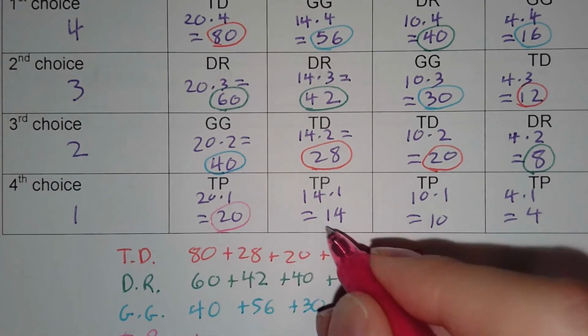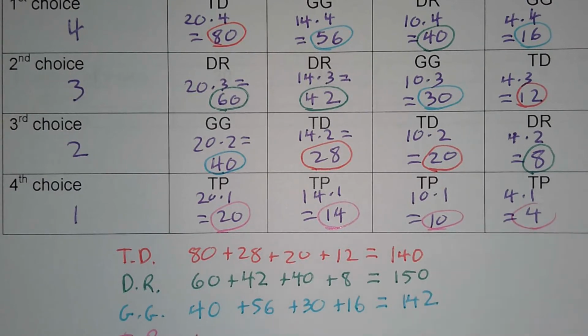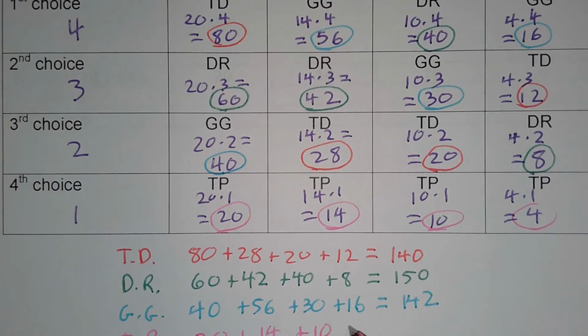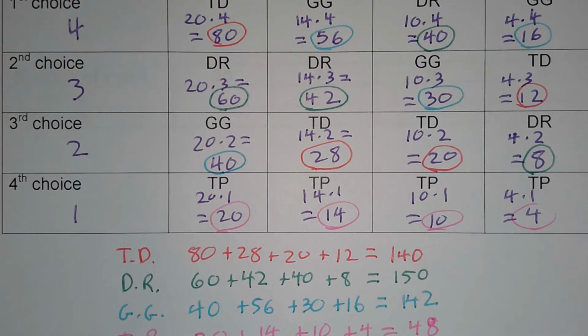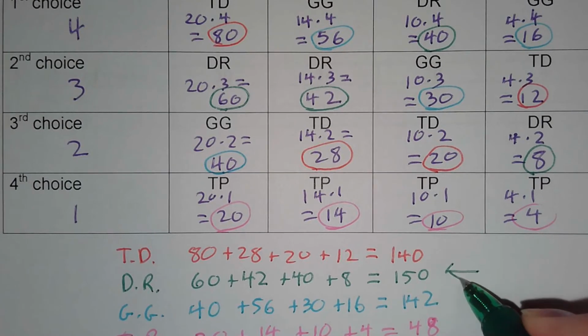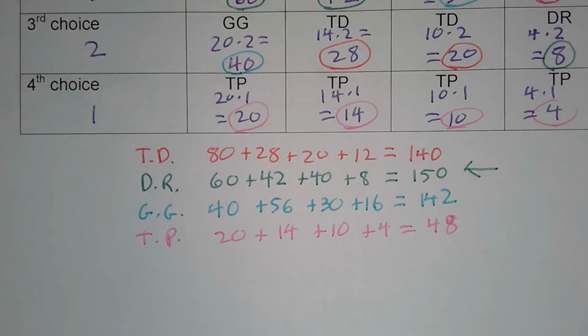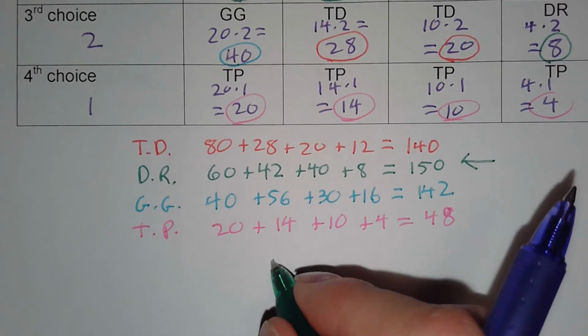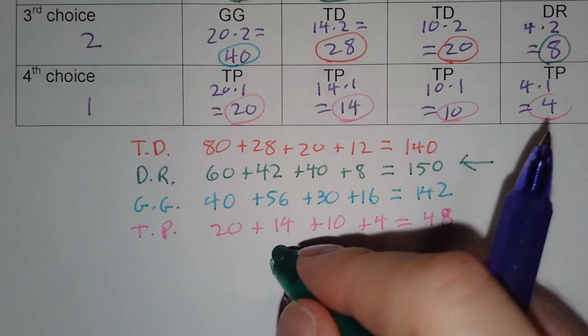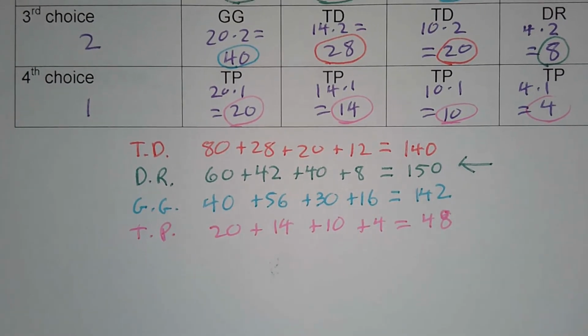So we have 20, 14, 10, and 4. And that should give us 48. Now looking at this list, David Robinson has the most votes. So by the Borda Count method, David Robinson would be the winner.